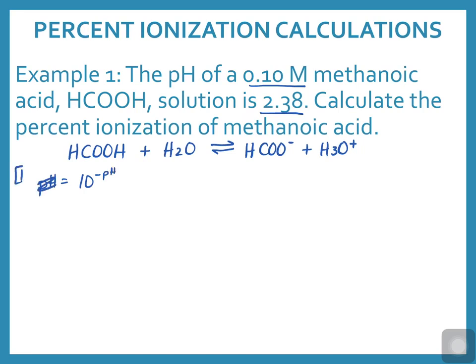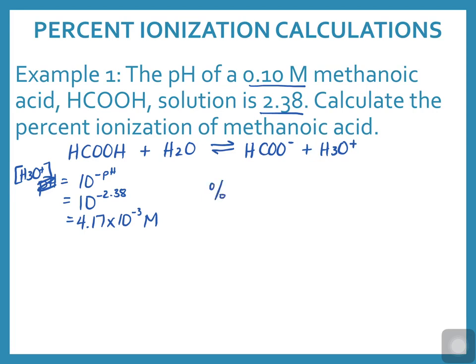That's the hydronium ion concentration. So 4.17 times 10 to the negative 3 moles per liter is our concentration of the hydronium ion.